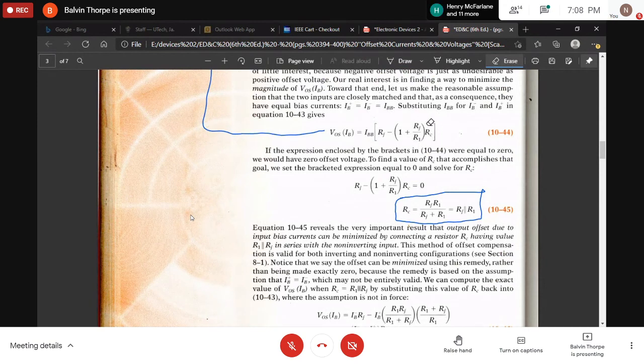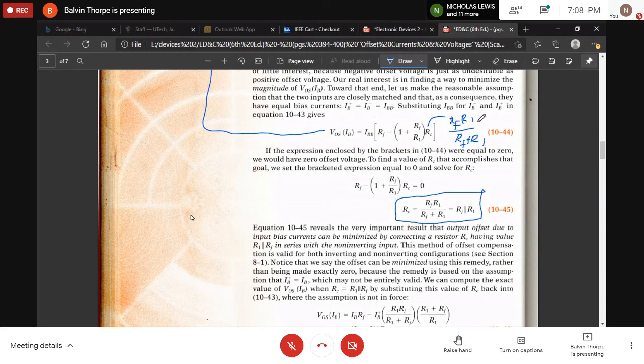So if we make RC in this expression RF R1 over RF plus R1, then we're in business.